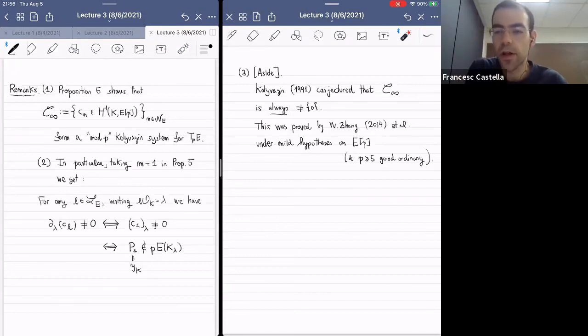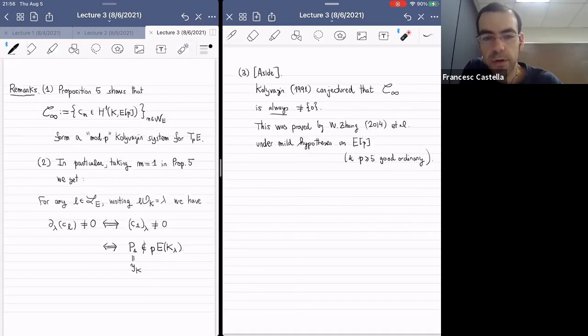For other Euler systems, I think maybe one doesn't have such a fine control on the integrality. So yeah, I think these Kolyvagin systems are expected to be what are called primitive under some hypotheses, but maybe there hasn't been a general conjecture formulated.